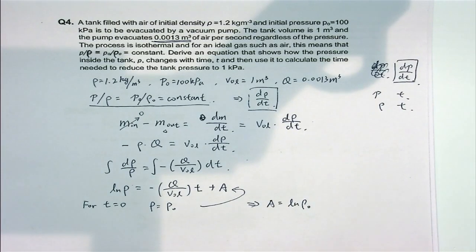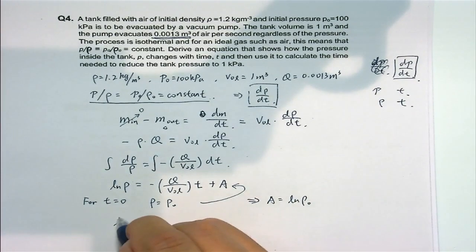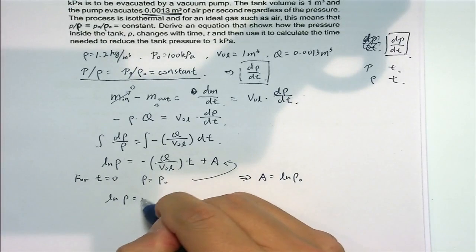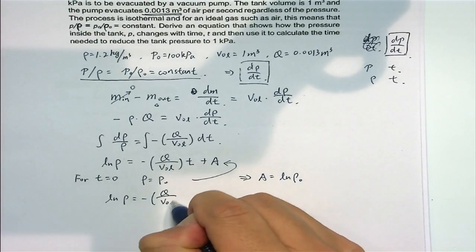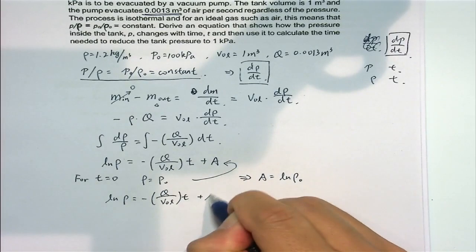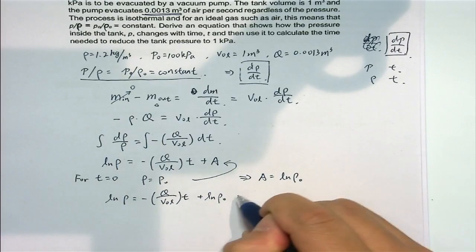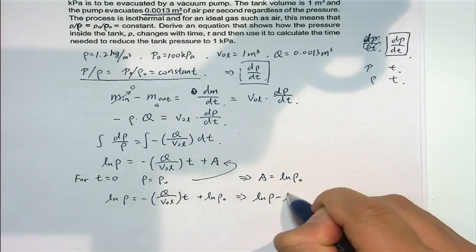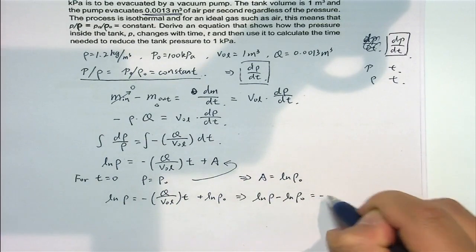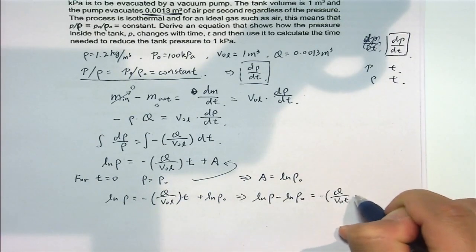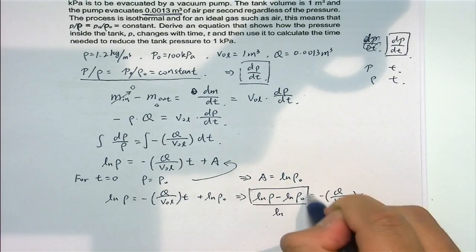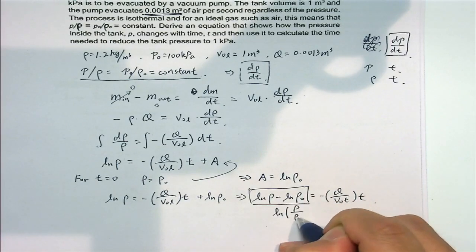Okay, finally we got ln rho is equal to minus Q over volume t plus ln rho 0. It changes to the left. That one is ln rho over rho 0, right?